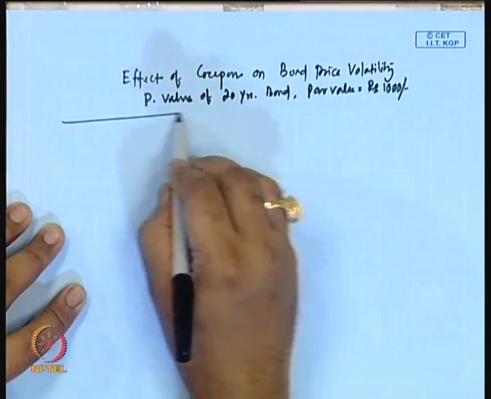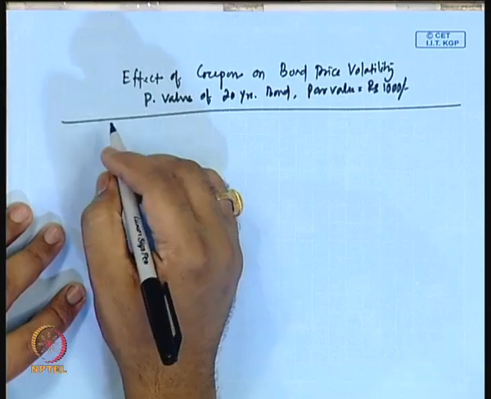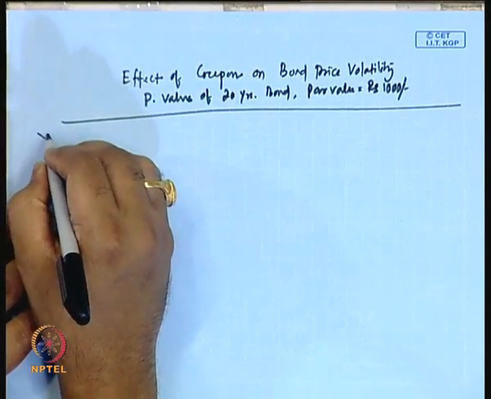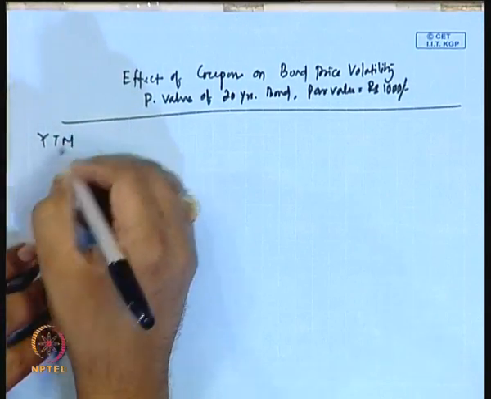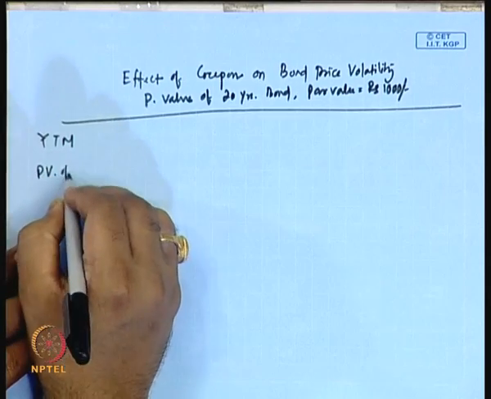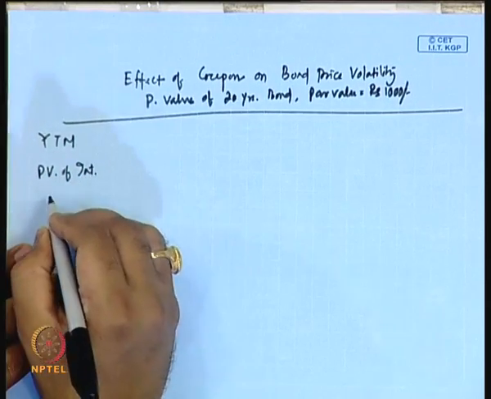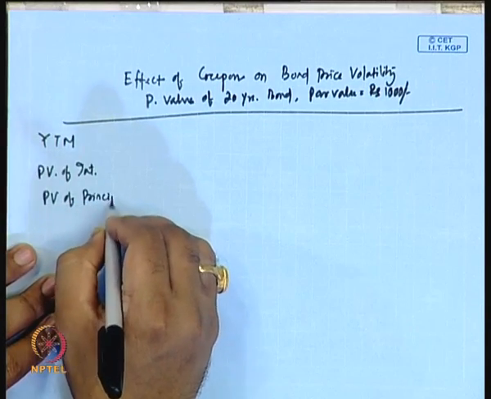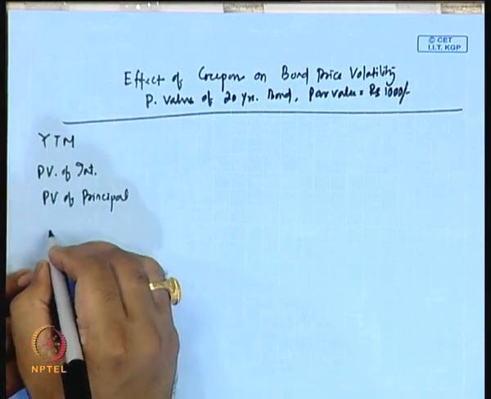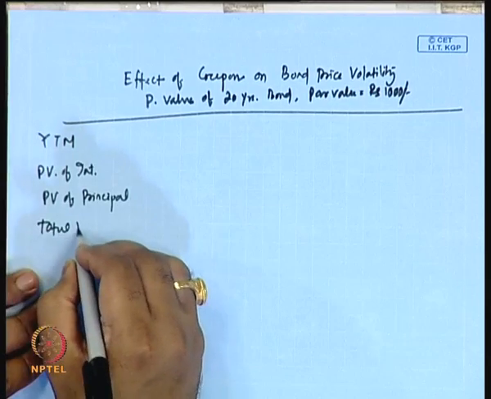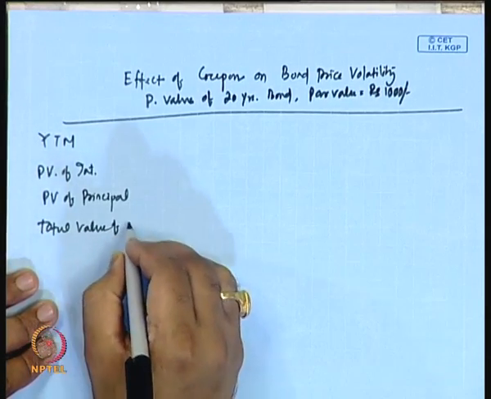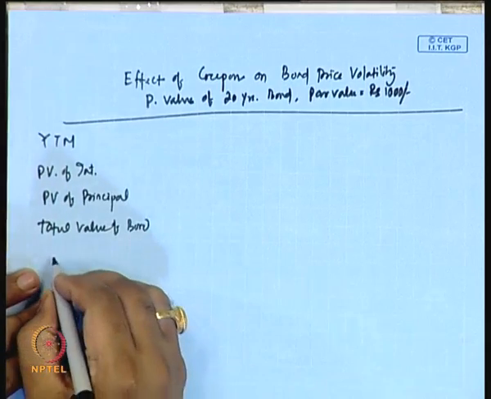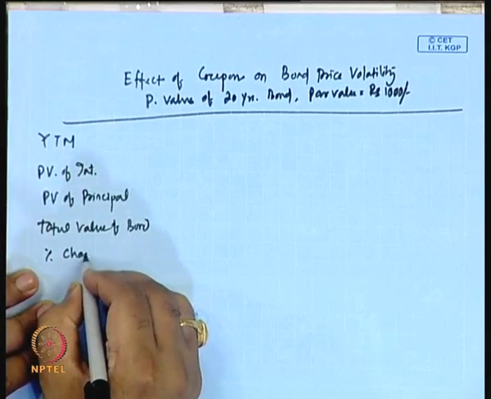In this case, you can take here your YTM, your present value of interest, your PV of principal, your total value of the bond, and then we have the percentage change in total value.